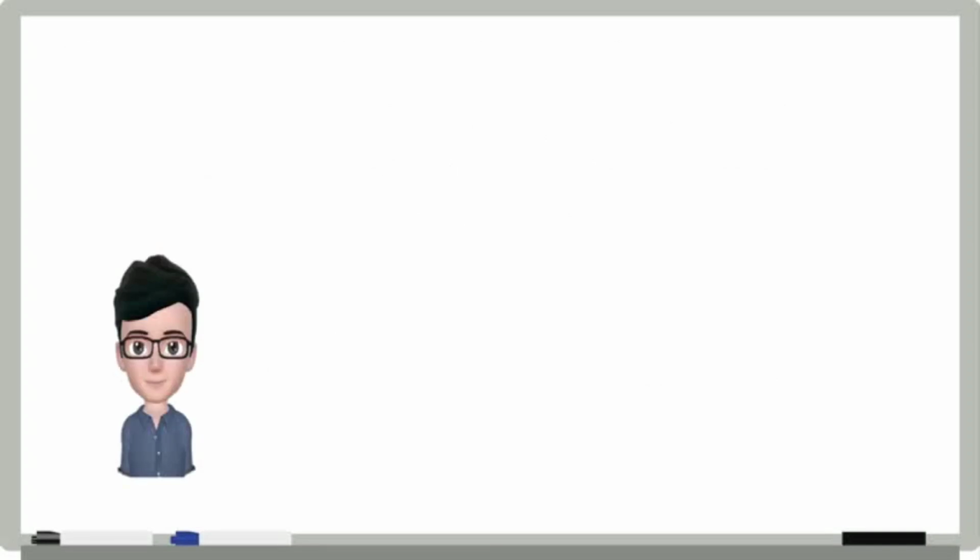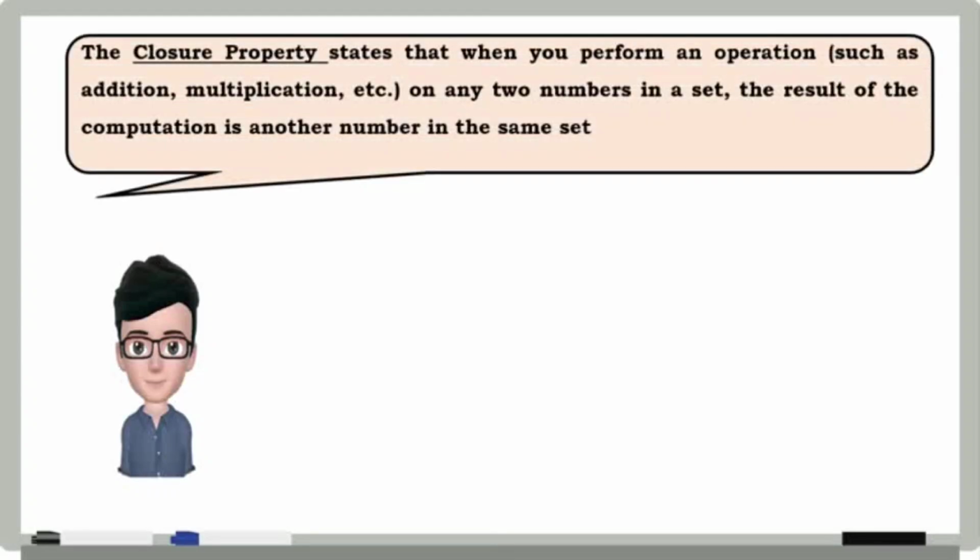Okay, good. Now, yung isang naiwang property. Hindi ko siya masyadong sinama ron sa 5 kasi medyo kakaiba tong property na to. And that property is closure property. Okay, can you read what closure property states?